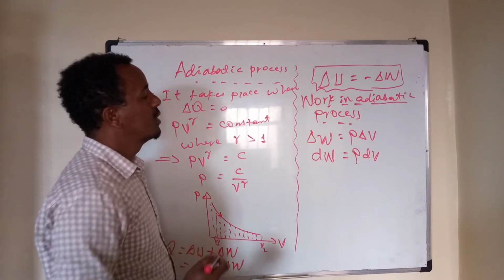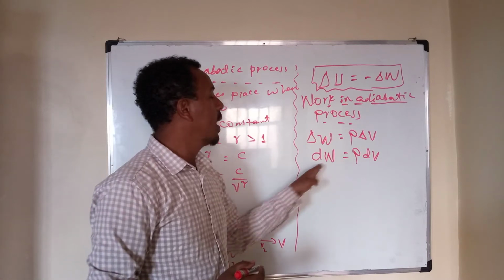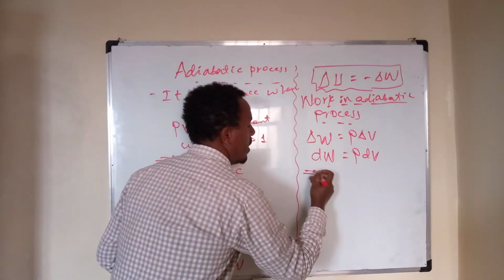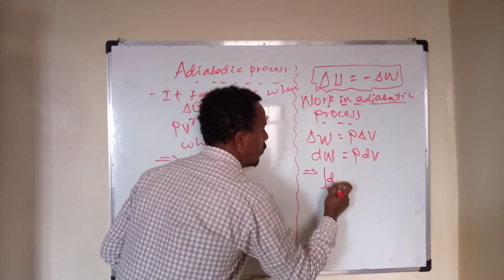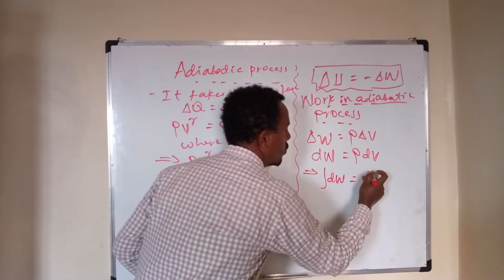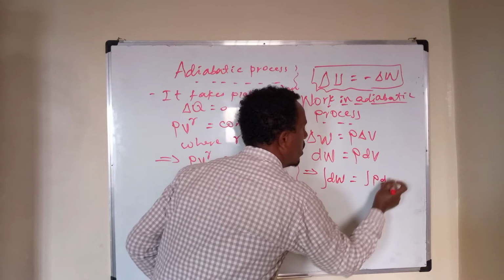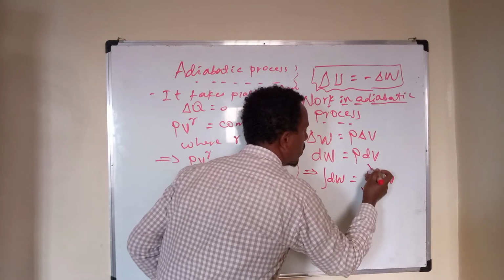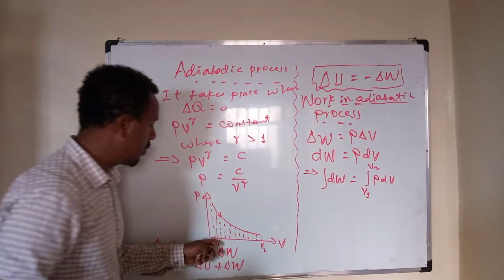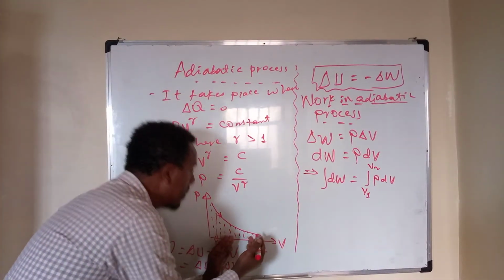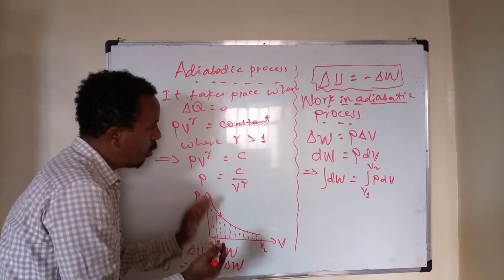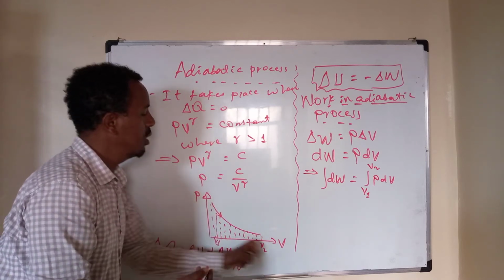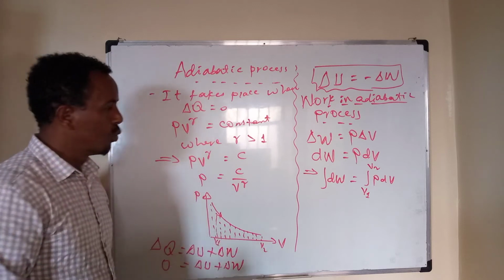So, if we integrate both sides of this equation, this implies integration of d of work done is equal to integration of P dV, where volume varies from V1 to V2. We sum the values of P dV from V1 to V2. The work is done between these two volumes.